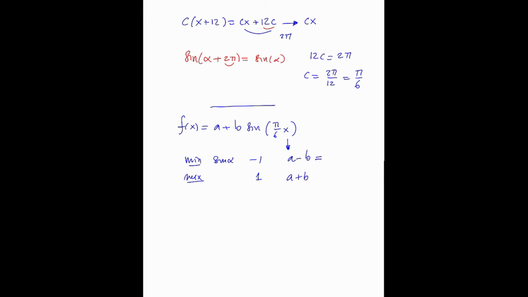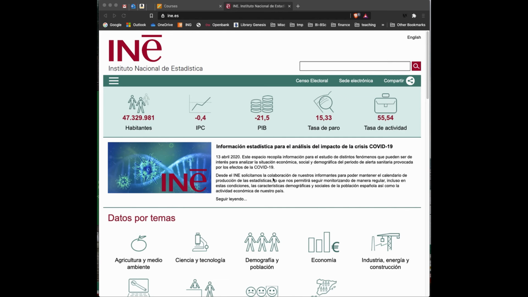So we make a minus b equal to the minimum of our data, and a plus b equal to the maximum of our data. From this system of two equations, we get a and b, and I'll let you find them. And we have our model f of x equals a plus b times sine of pi over 6 times x. Let's see how good the model is at fitting the data.